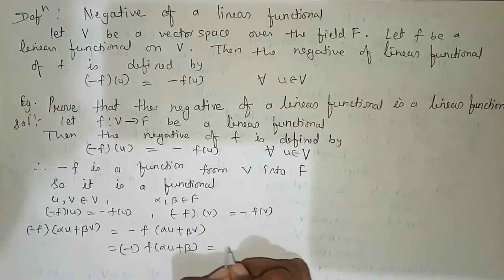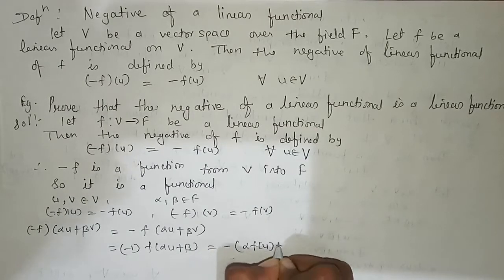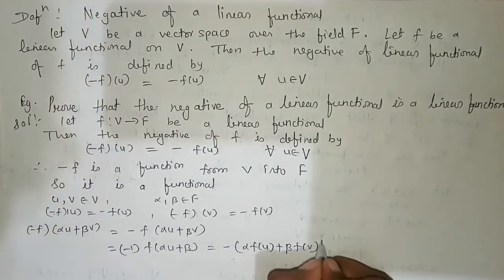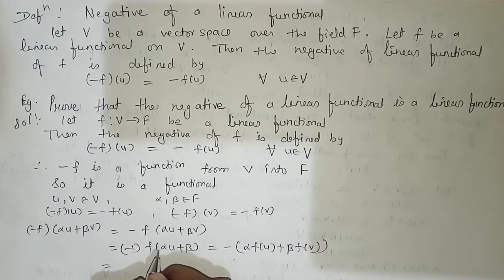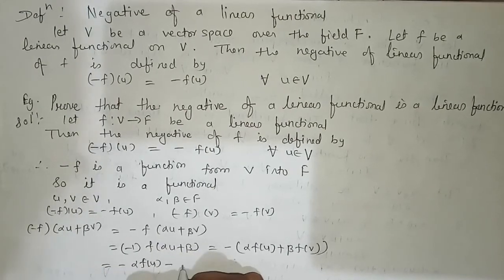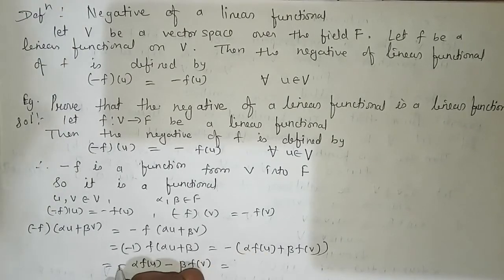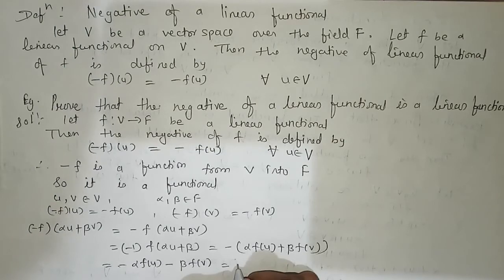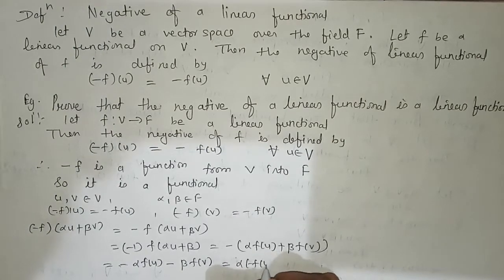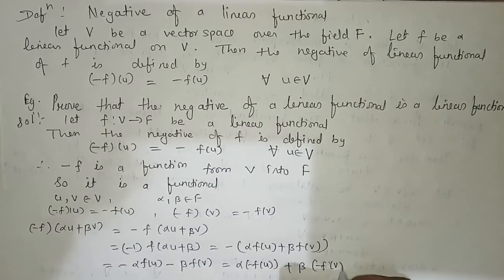So I can write this as minus of alpha f(u) plus beta f(v). Now this can be written as minus alpha f(u) plus minus beta f(v). Alpha and minus are both scalars, so the commutative law holds in the field. So I can write this as alpha times minus f(u) plus beta times minus f(v).